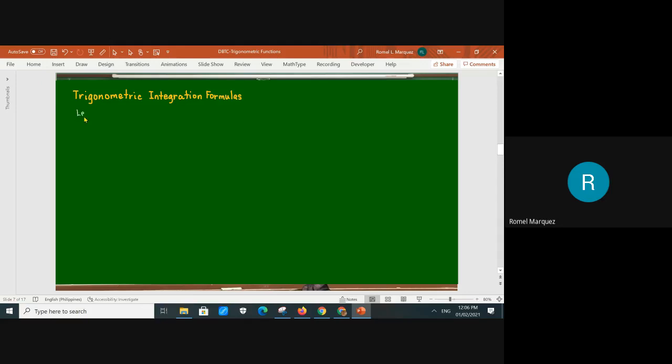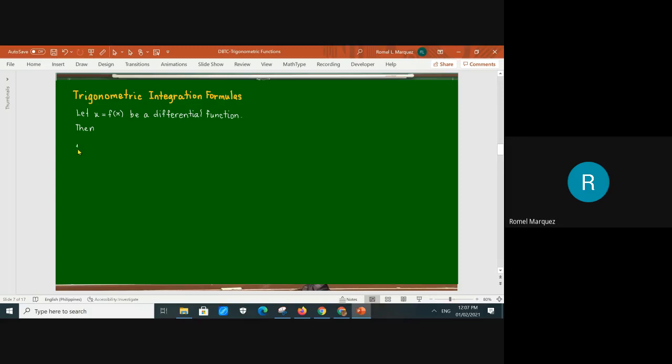So let u be a function of x. Let us assume that this is a differentiable function. Then the following formulas hold.